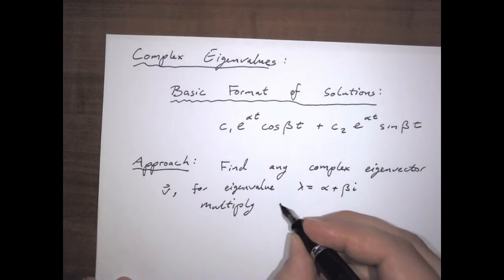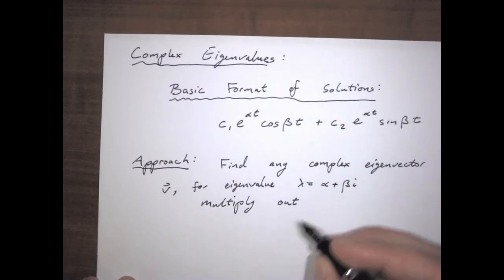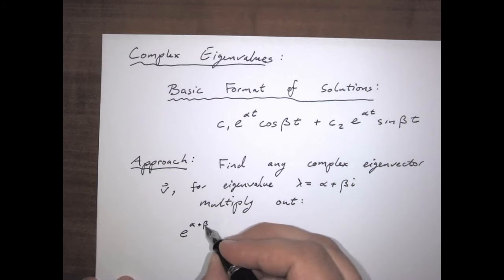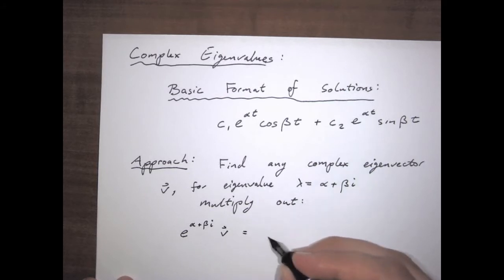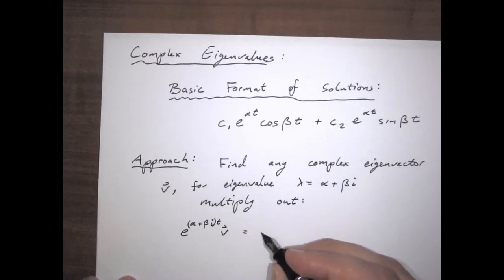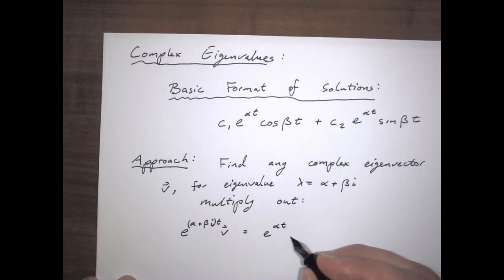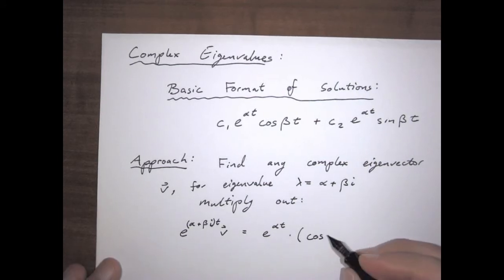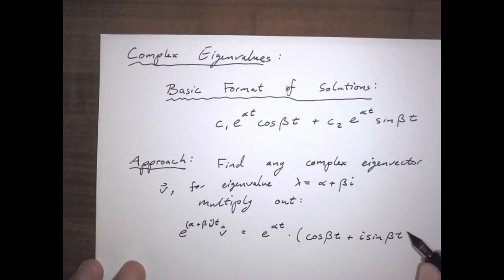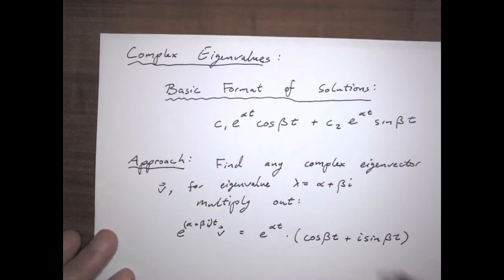Then multiply out e to the alpha plus beta i times t times v, which, according to Euler's formula, means e to the alpha t times cosine beta t plus i sine beta t, and then times the v.